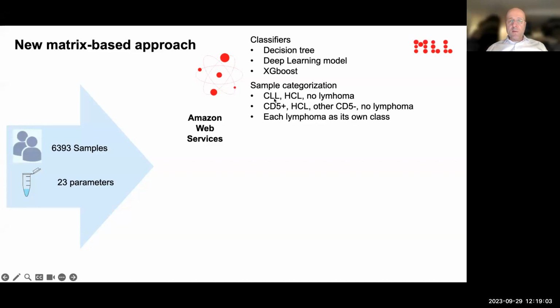The first one was separating CLL from hairy cell leukemia and no lymphoma. The second one again was to separate CD5 positive and negative lymphomas in addition, and then each lymphoma on its own, and that was in cooperation with Amazon Web Services.